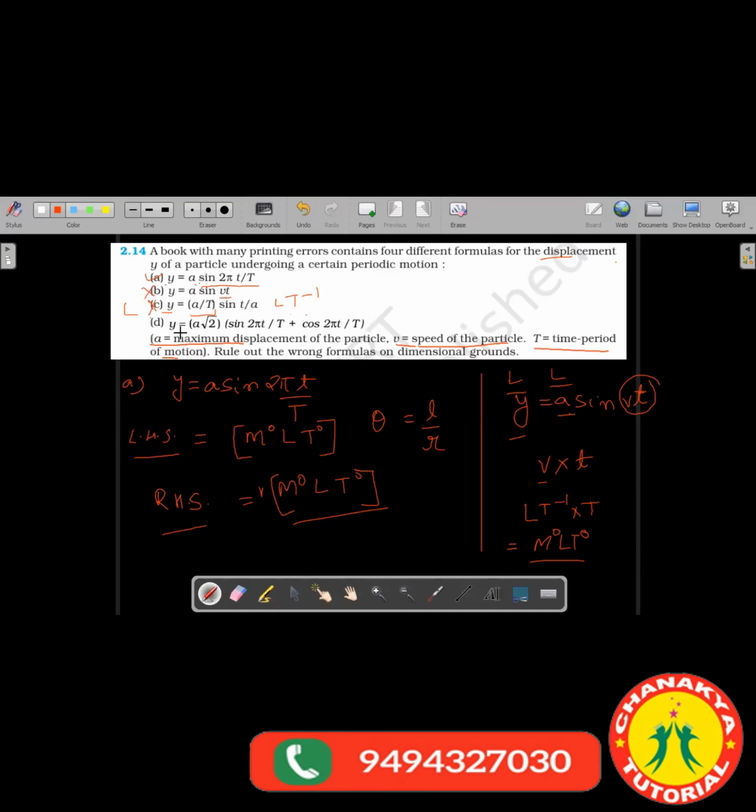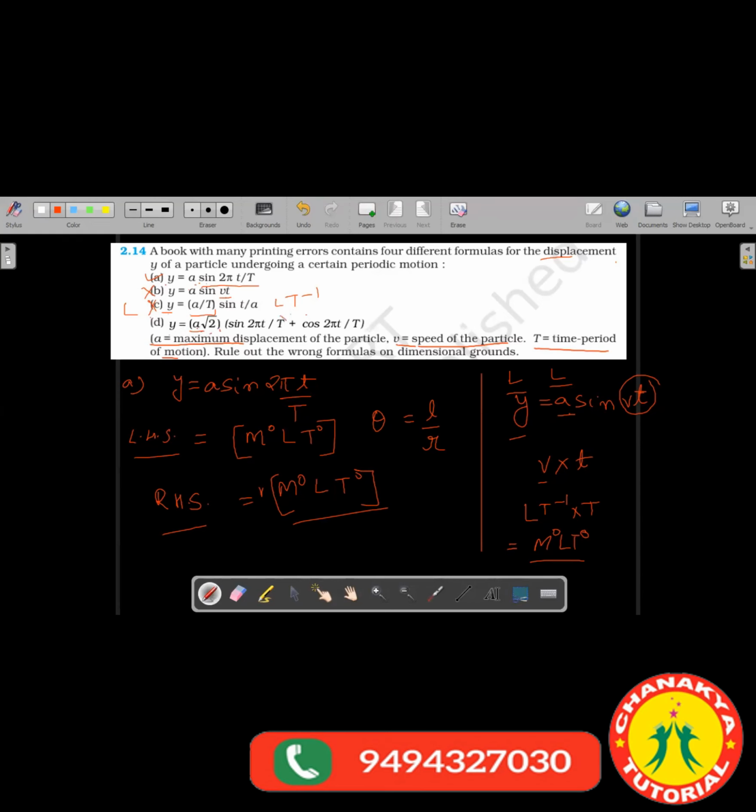Okay. What about this last one? Let's check if the last formula is correct or not. Dimensionally, we can observe that the last formula is dimensionally correct. The dimensions of y and the dimensions of a are the same, and a is multiplied with a constant. So both of them have the same dimension.